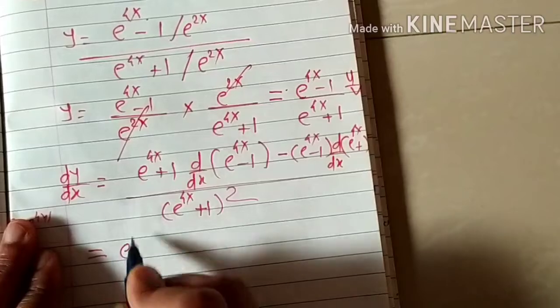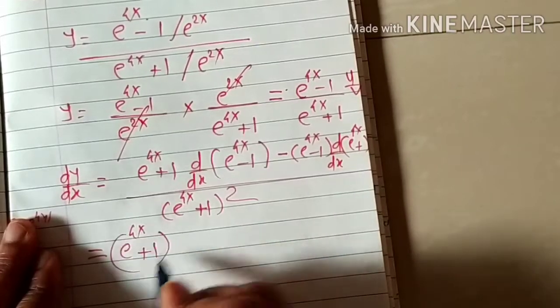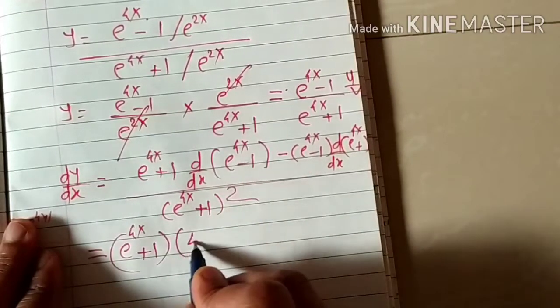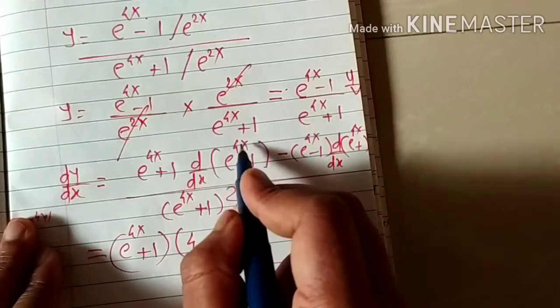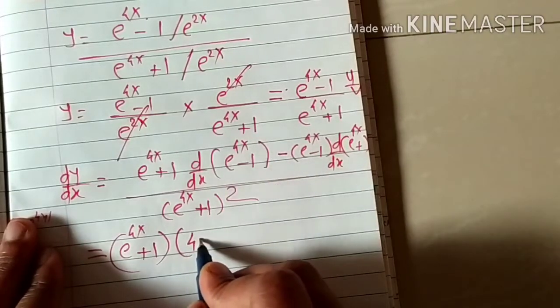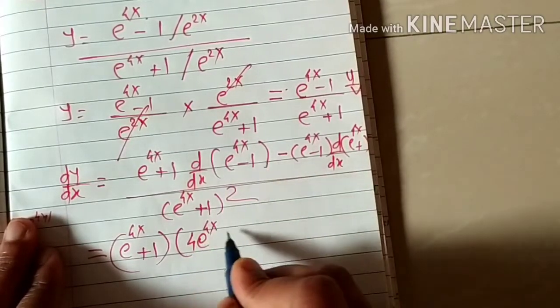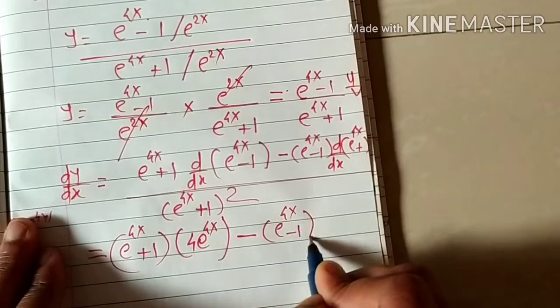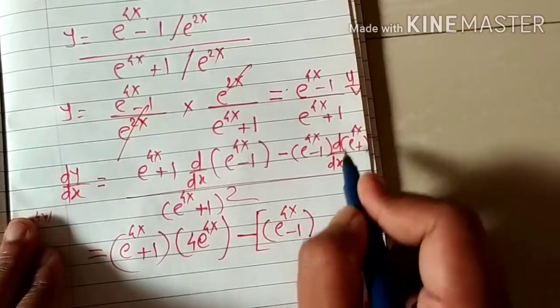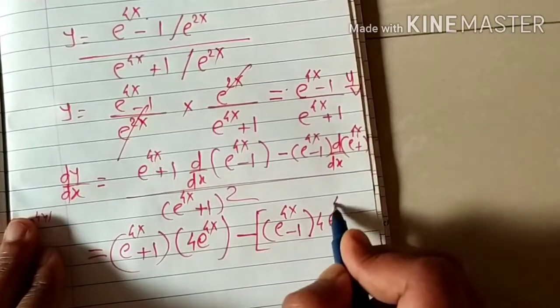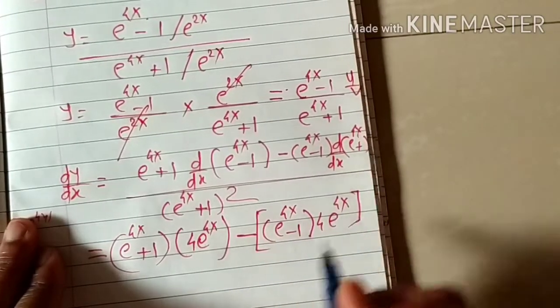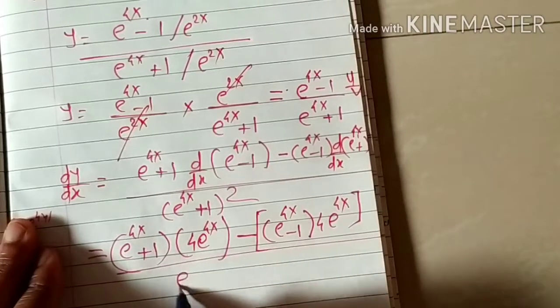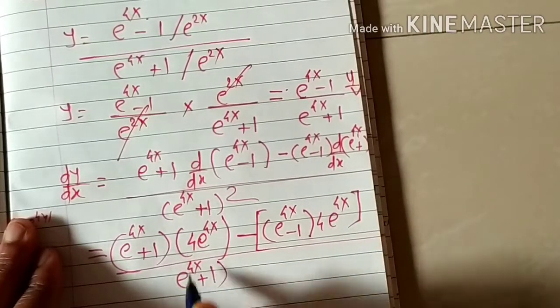This e raised to 4x plus 1 constant into the e raised to 4x derivative, exponential e raised to 4x into the derivative of 4x, 4, means 4 e raised to 4x, derivative of 1 is 0, minus this e raised to 4x minus 1 into this e raised to 4x derivative, again 4 e raised to 4x, derivative of 1 is 0, then divided by e raised to 4x plus 1 square.